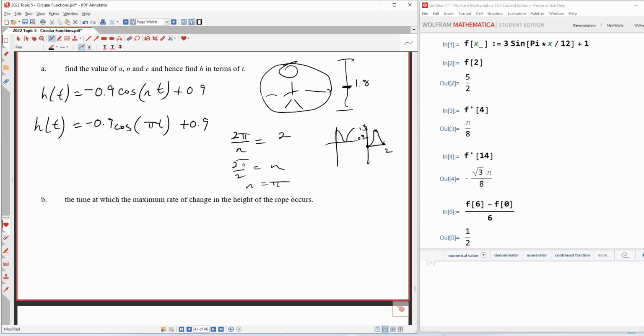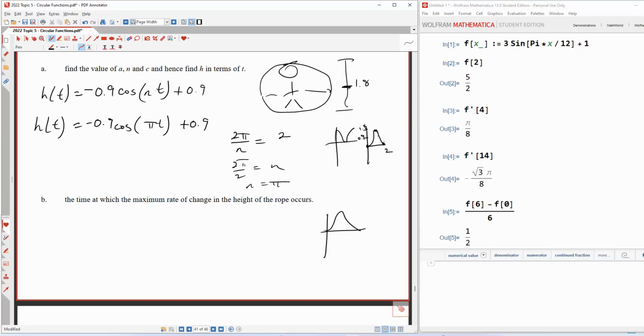All right. State the time at which the maximum rate of change in the height of the rope occurs. So when is the rate of change at its largest? Okay, so this is pretty tough here. So there's my original function. Originally it's going to look like this.